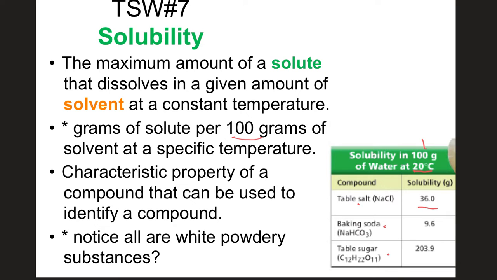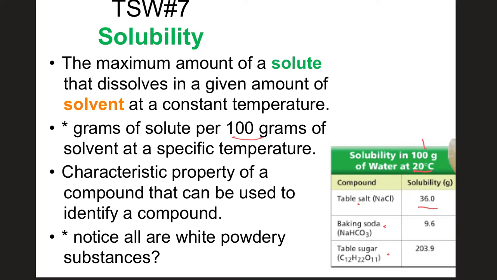Contrast that with baking soda. So baking soda is only 9.6 grams. And take a look at table sugar. Man, that is a lot of sugar that you can dissolve in water.